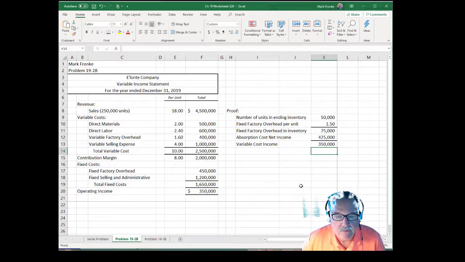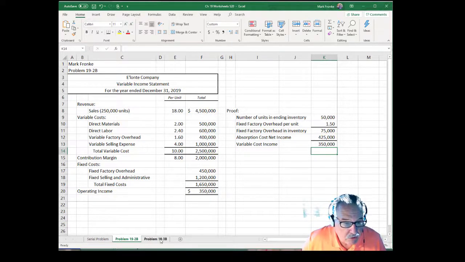And where this comes into play from a practical standpoint is where management might be inclined to overproduce in order to spread the fixed cost over a wider number of production units, and therefore driving down the per unit cost and increasing income.